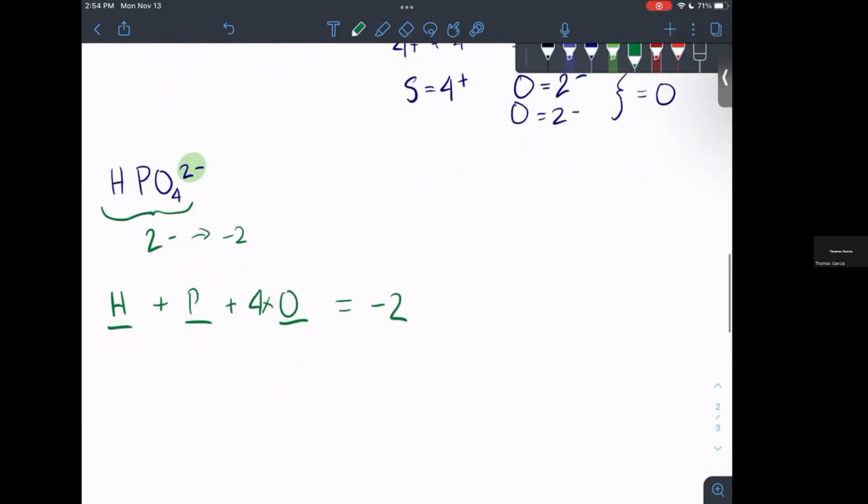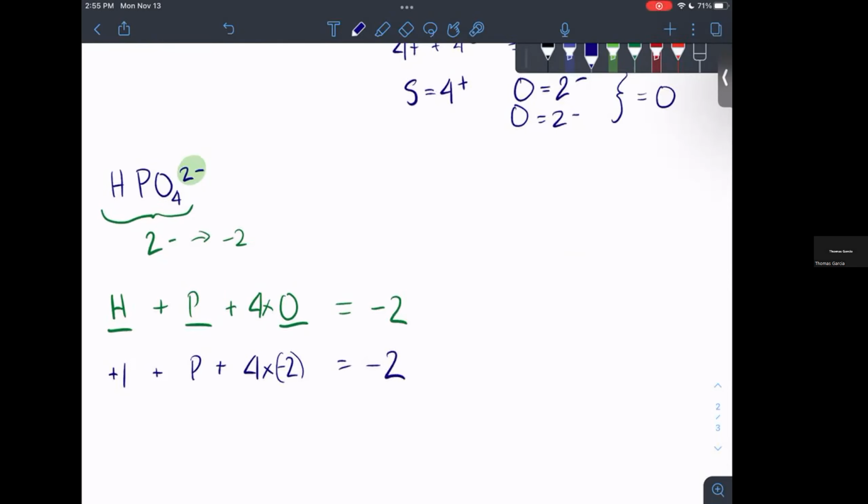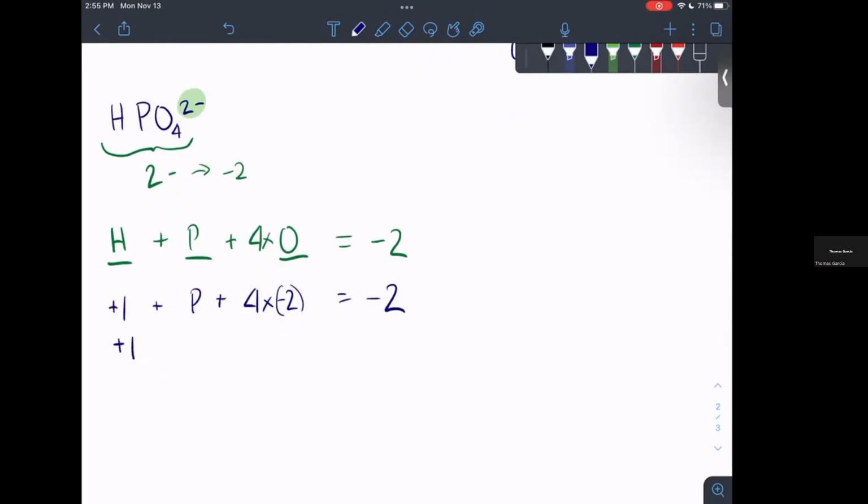So I'm going to think about this. I know that I have a rule for oxygens. Oxygens are going to be -2, 4 times -2. I know I have a rule for hydrogen. Hydrogen's usually going to be +1. But P is where I don't have a rule, and I need to figure out the oxidation state for that. So in this case, I have +1 plus P plus a -8 equals -2. I have P plus a -7.